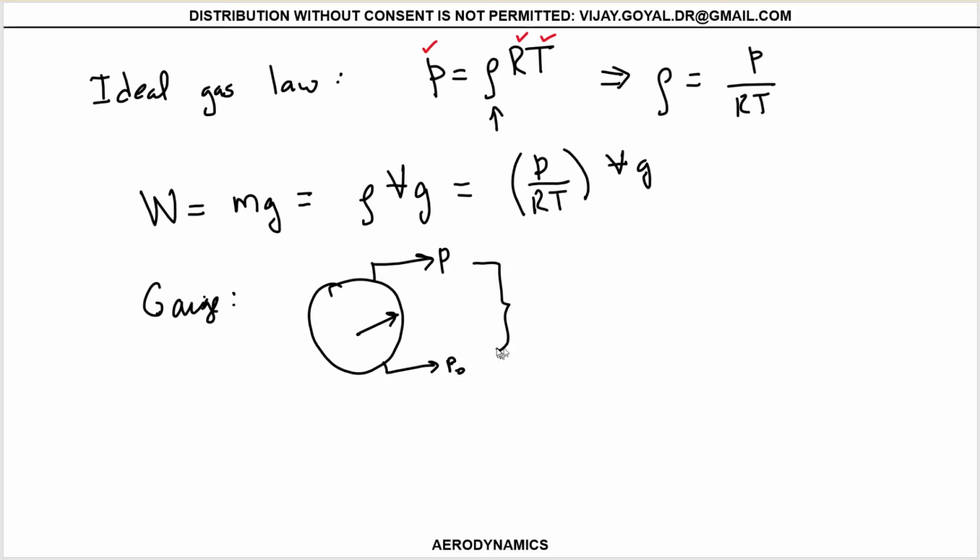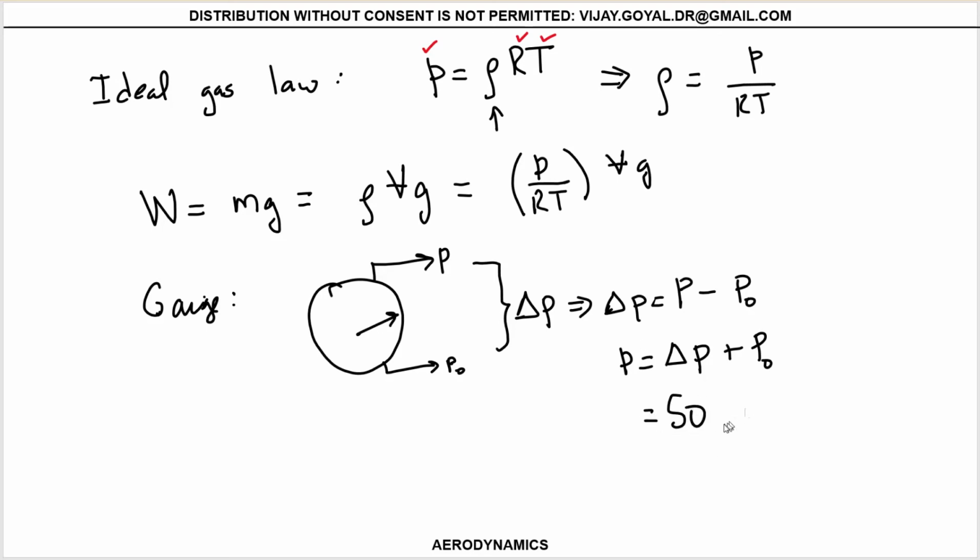And the gauge gives you a delta P. So what you know is that your delta P is nothing else than your actual pressure minus your static pressure. So P will be delta P plus my P sub 0. I know that this is 50 psi, and the static air pressure for air is 14.7 psi.